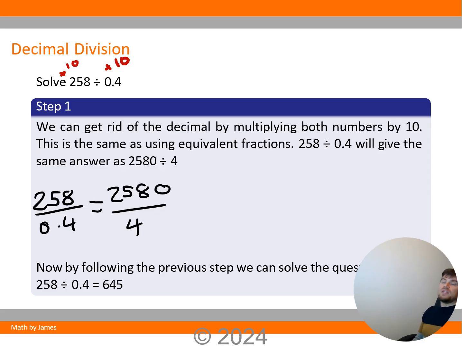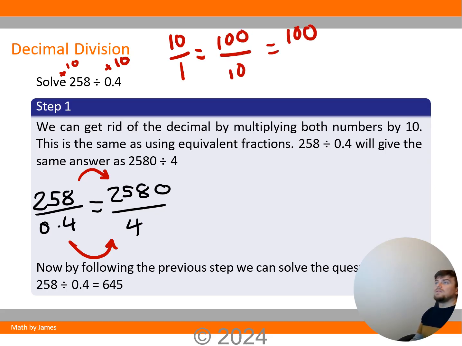So this is equal, and what's a really important one to look at is equivalent fractions. If you don't quite understand this, do have a look at that video as well. So what we've done is we times each of the numbers by 10. For example, 10 divided by 1 is 10, 100 divided by 10 is 10, 1,000 divided by 100 is 10.